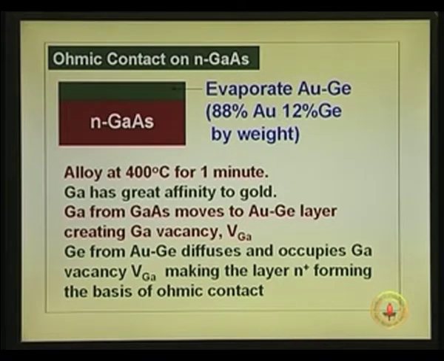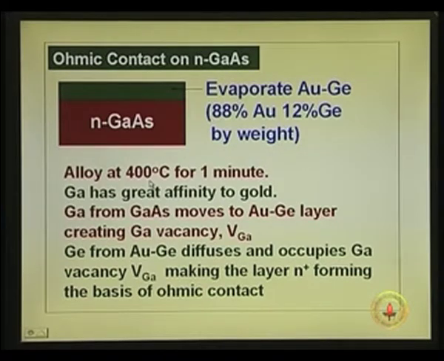Okay. So you evaporate that and then heat this in a nitrogen ambient, or better with hydrogen and nitrogen to prevent any oxidation. So alloy it at 400 degrees centigrade, just 1 minute. All that happens in 1 minute.